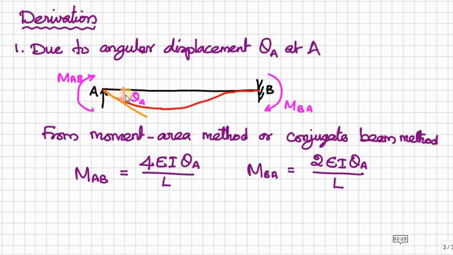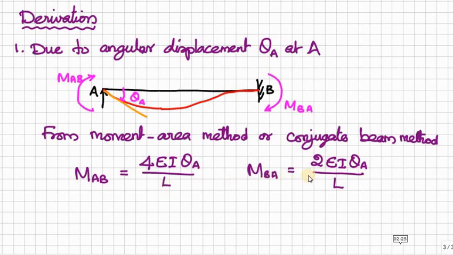Therefore, due to this rotation, some moment MAB is developed at support A, and some moment MBA is developed at support B. These moments can be computed using the moment area method or conjugate beam method or any other suitable method. So we get moment MAB is equal to 4EI theta A divided by L.